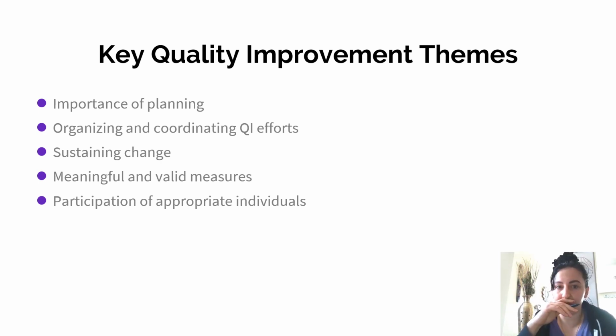So planning, very important. Also organizing and coordinating your quality improvement efforts. They have to be well coordinated and organized. That's why you have different quality improvement models, so you can model your specific quality improvement change specifically for your organization.